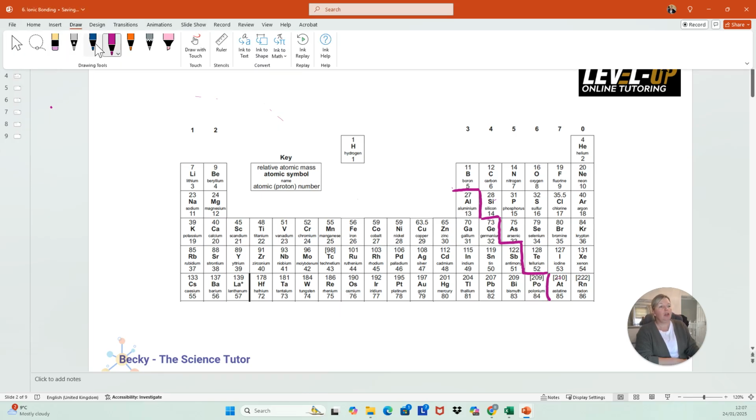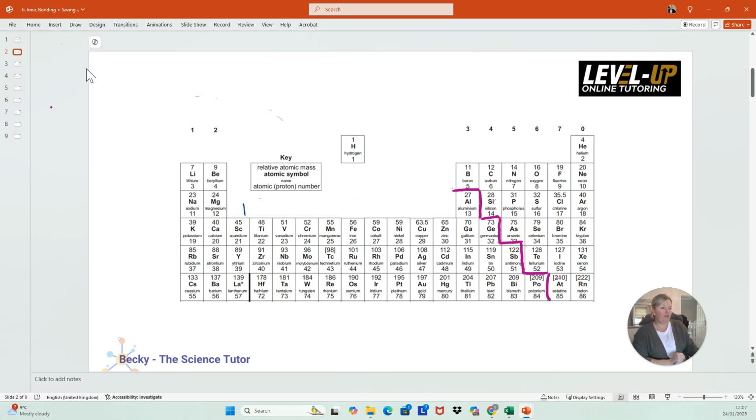The majority of the table is made up of metals, and it's only this small top right hand side section that are the non-metals. And this is going to help us because ionic bonding occurs between a metal and a non-metal atom. So by knowing where that division is and then simply locating where our elements are, we can work out what type of bonding is occurring.